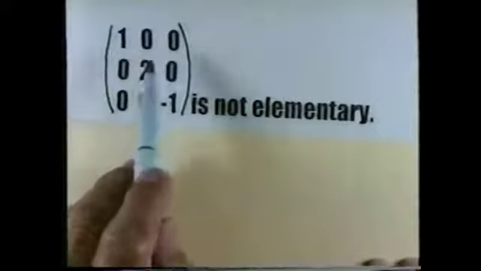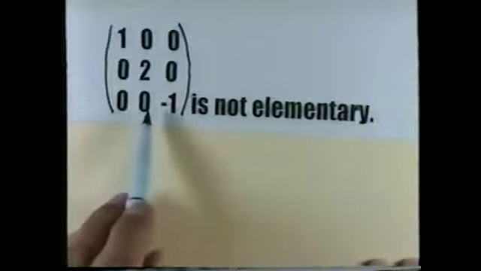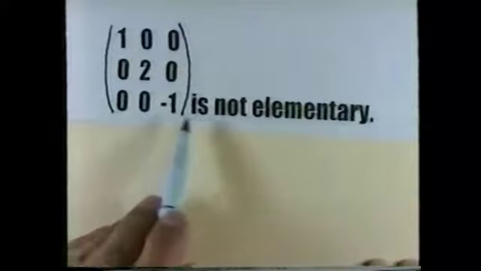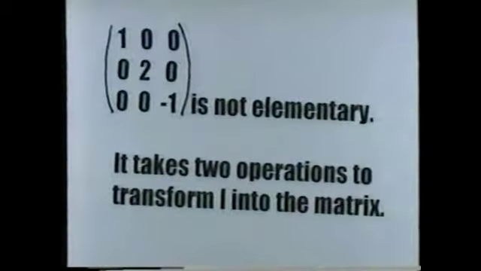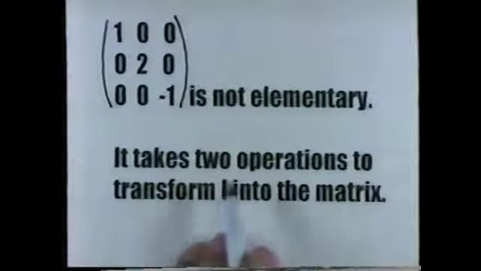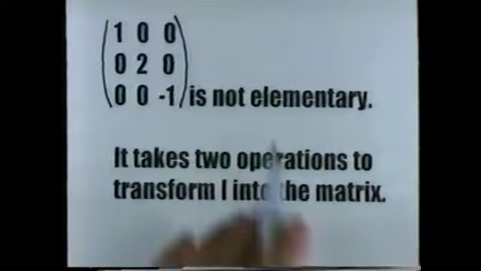The matrix [1, 0, 0; 0, 2, 0; 0, 0, -1] is not elementary. The reason it's not elementary is that it takes two operations to transform I into the matrix.